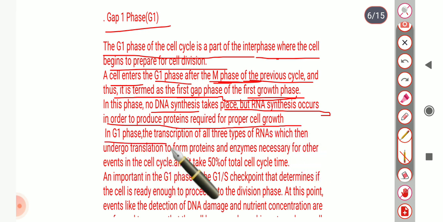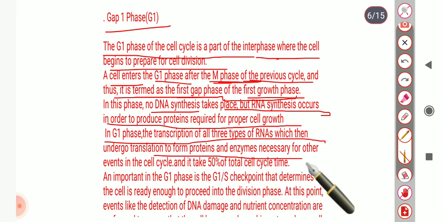In G1 phase, transcription of all three types of RNA occurs, which then undergo translation into the proteins and enzymes necessary for the events of the cell cycle.